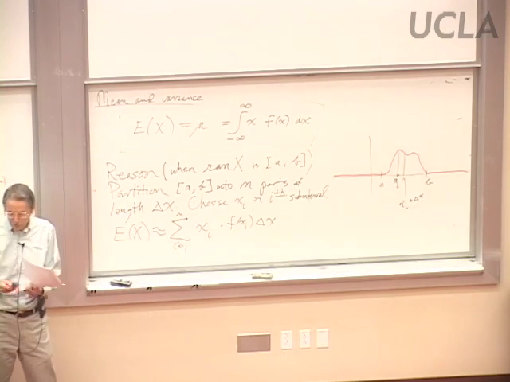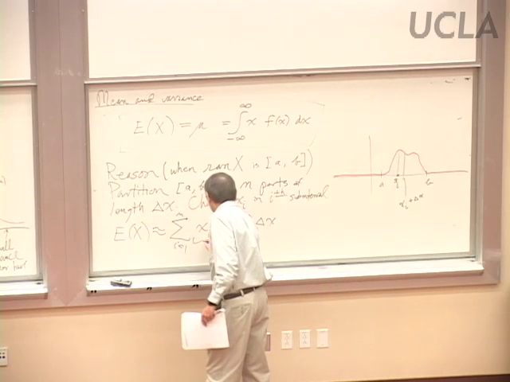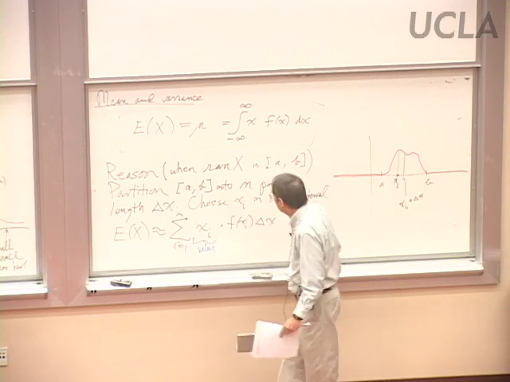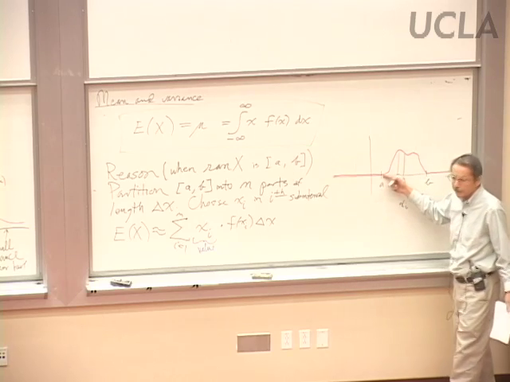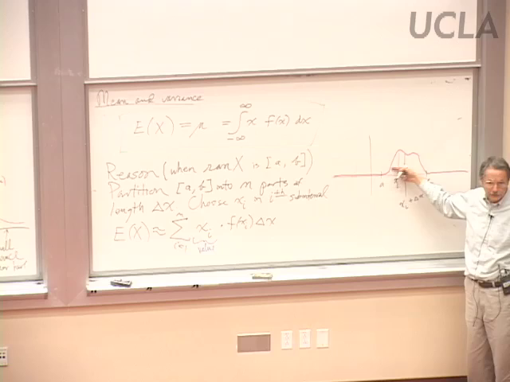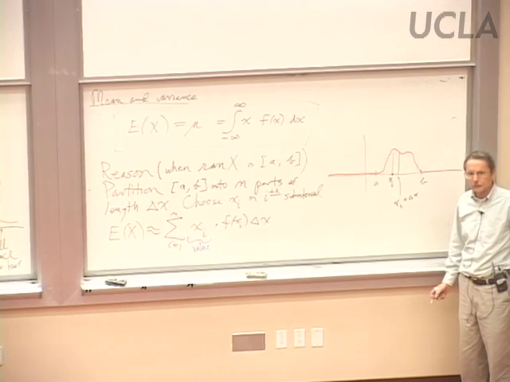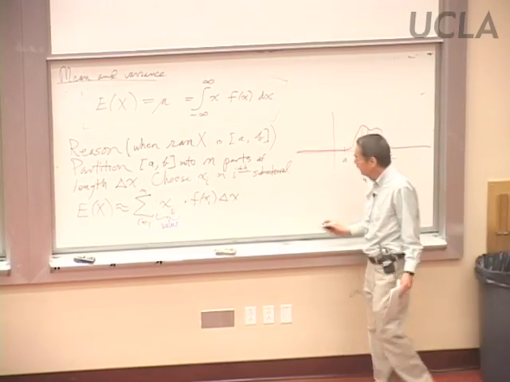That is, what I'm trying to do here is take the values that the random variable might have. Well, it could be anything in this interval, but we'll break the interval into lots of pieces, and it won't change very much, we're supposing, in any one tiny piece.